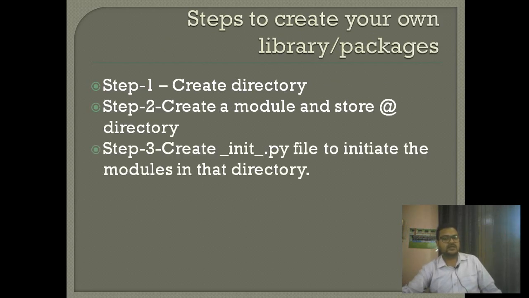First of all, just create the directory. Once you create the directory, that directory name will be suggested for the library naming. Then step number 2 is to create a module and store it in the directory. We will create these modules one by one with the functions inside the module, and then these modules will be stored in the same location and the same directory.